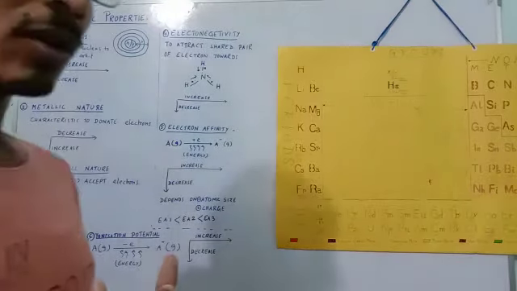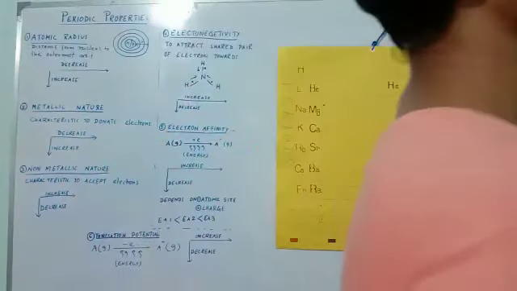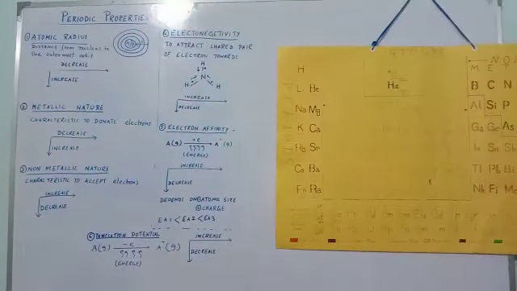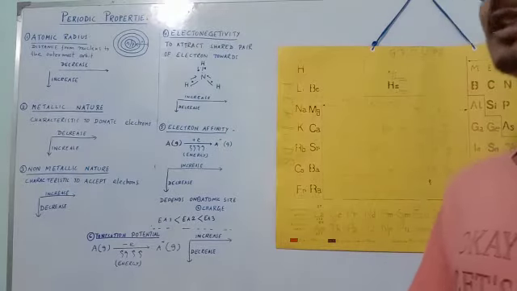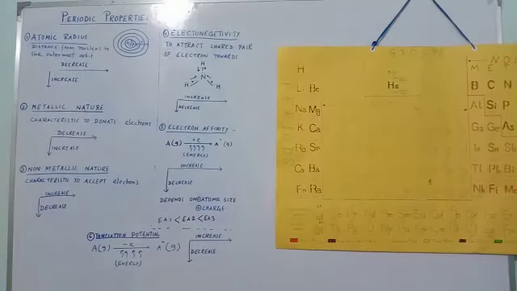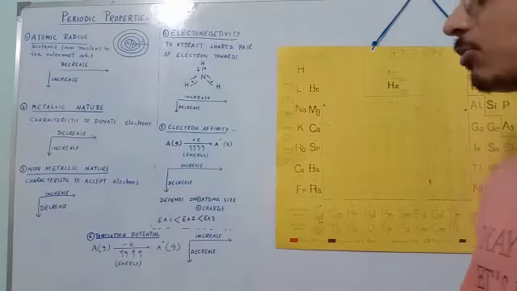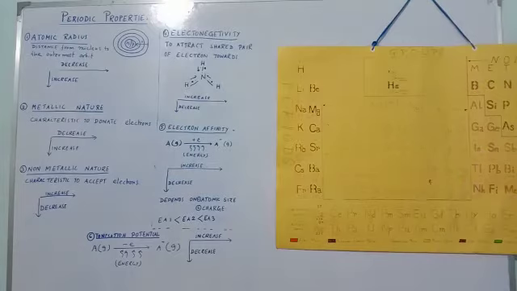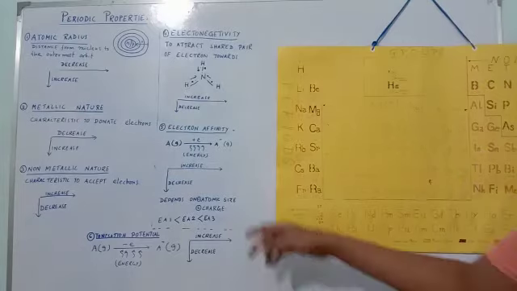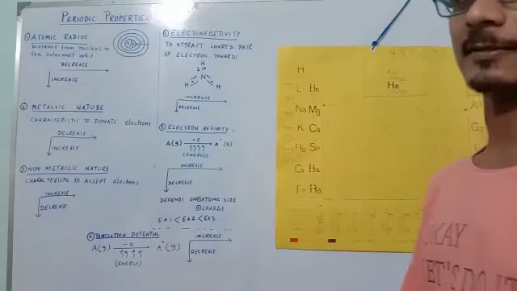Now to add electrons to the outermost orbit, you have to provide some amount of energy. That amount of energy you have to provide to add an extra electron to the outermost orbit of any gaseous element is called electron affinity.